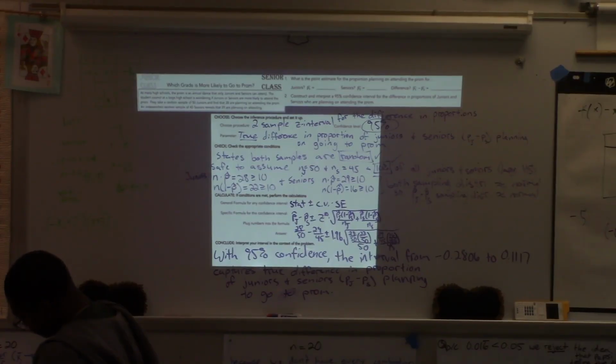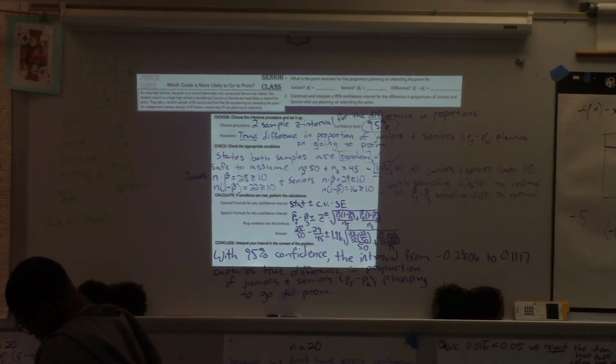Yes, Andrew. You know that we're dealing with proportions, right? So you have to do two proportion. Well, there's proportions and then there's what? No, we have proportions that we try to estimate. What else are we going to try to estimate?